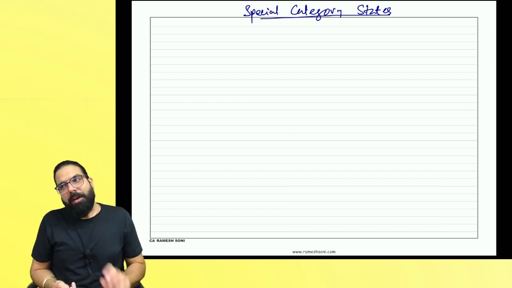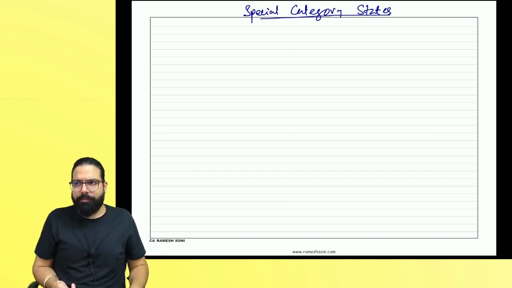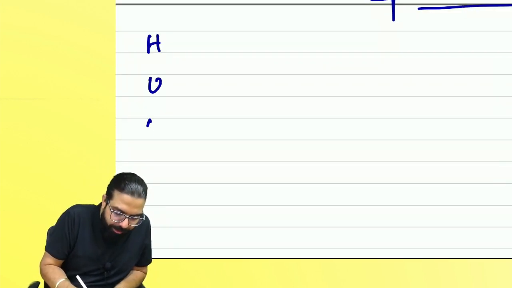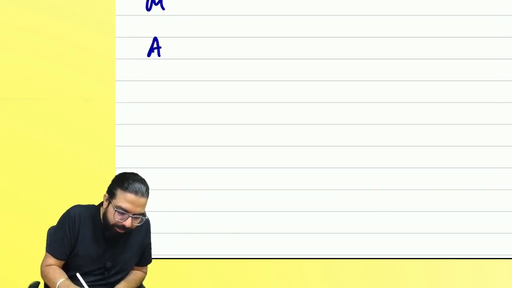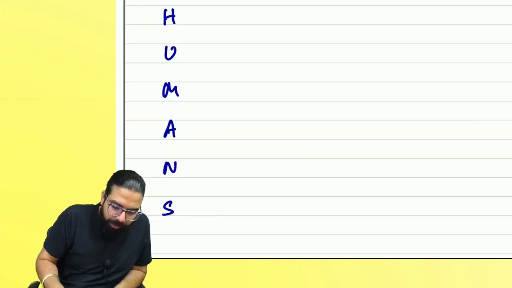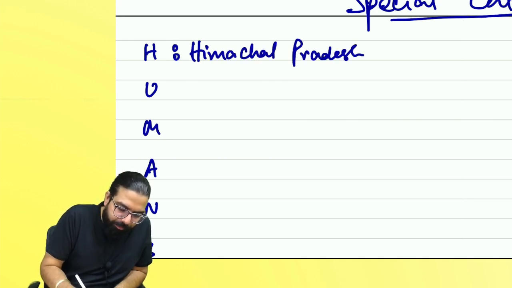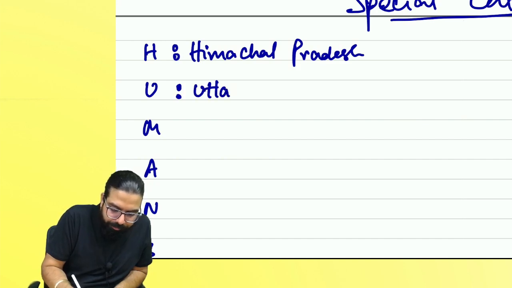Special category state. But are they not humans? Yes or no? So we can call them humans. Okay? Humans. H for, you have to remember, Himachal Pradesh. U for Uttarakhand.